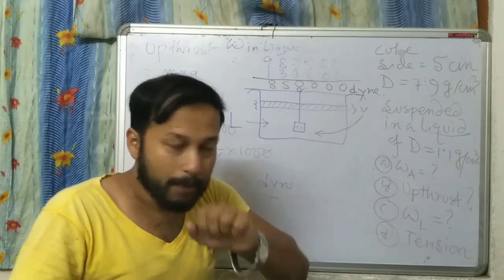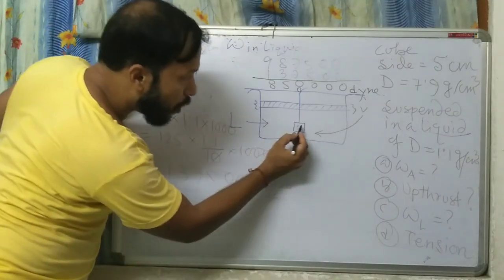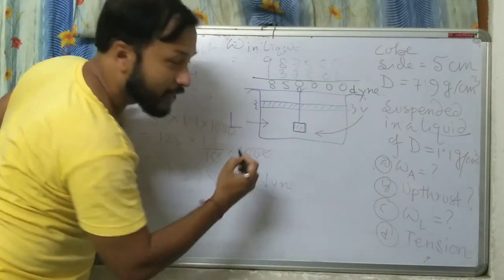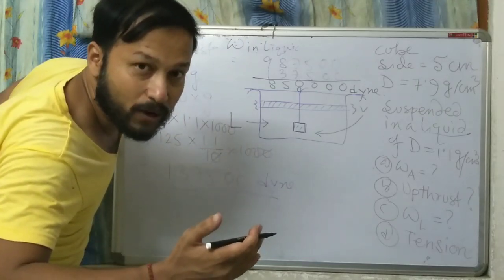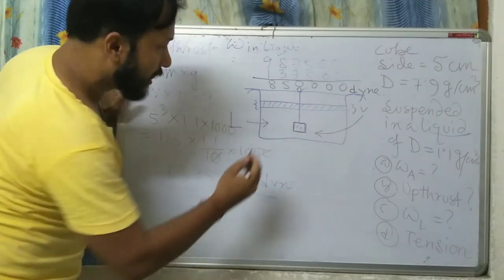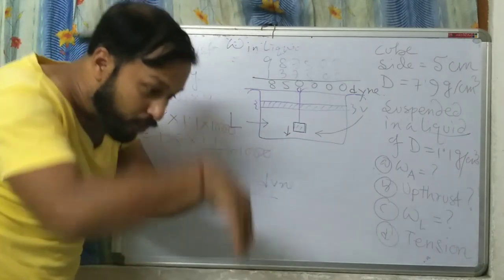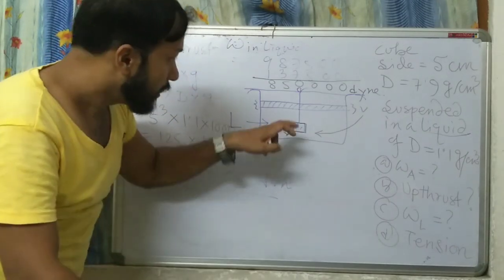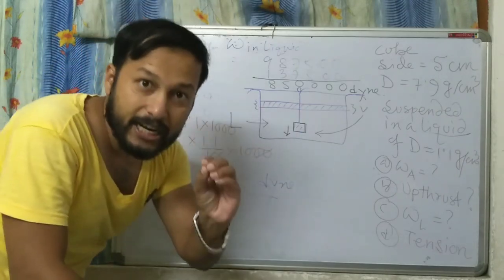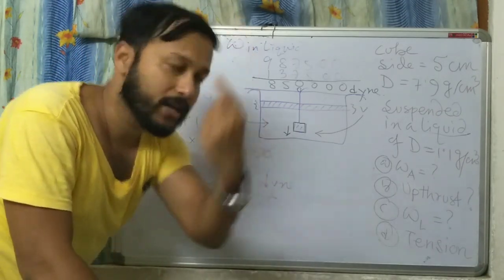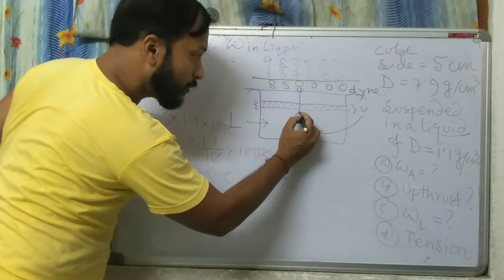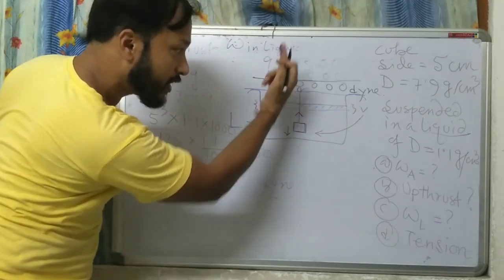You understood? Because of the weight of this object, the direction of this weight is downward. But to overcome that force, this thread is continuously giving a force upward.